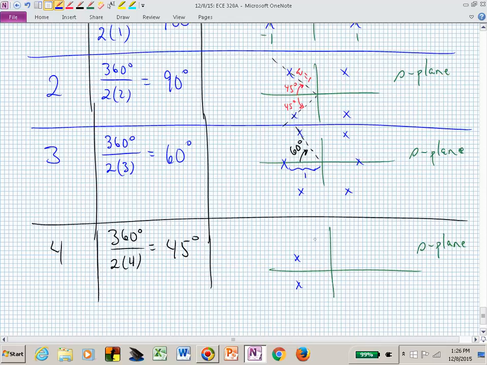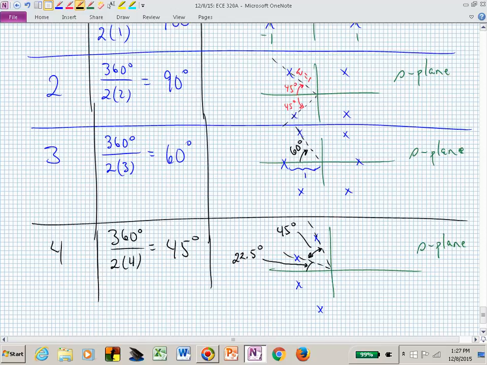Then we go 45 here and 45 here. And how far away are these poles from the origin? A distance of 1. So this angle right there is 22 and a half. This angle is 45. Is that clear?